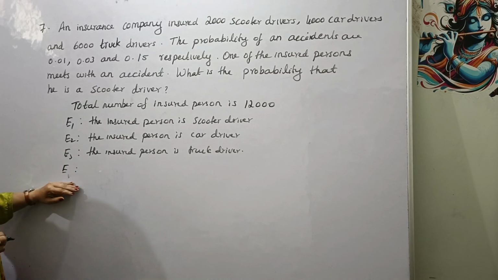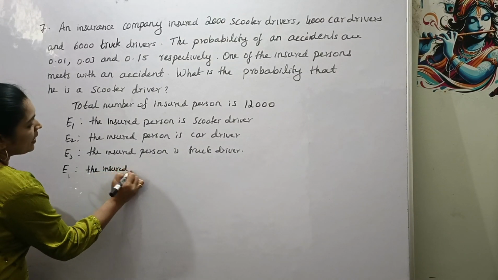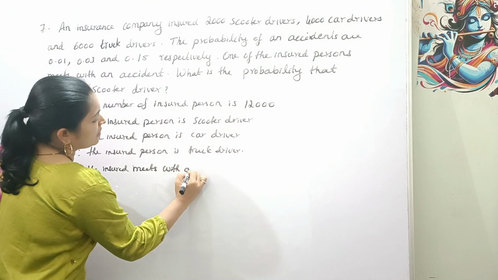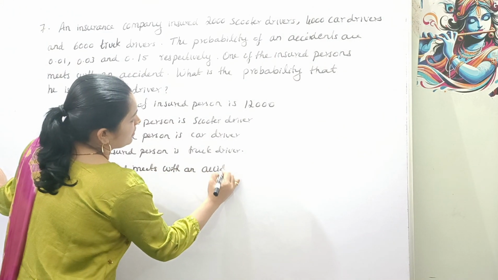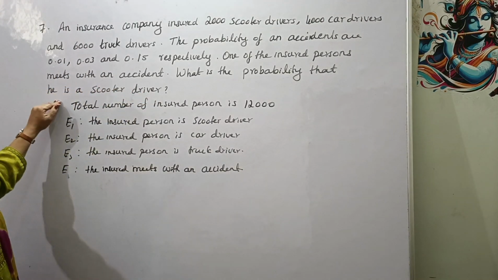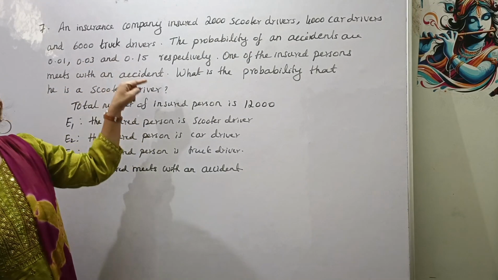Event E be the event: the insured person meets with an accident. Right? Because we have to find the probability of a scooter driver given that the insured person meets with an accident.